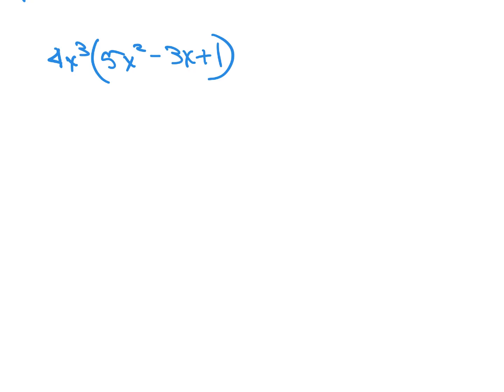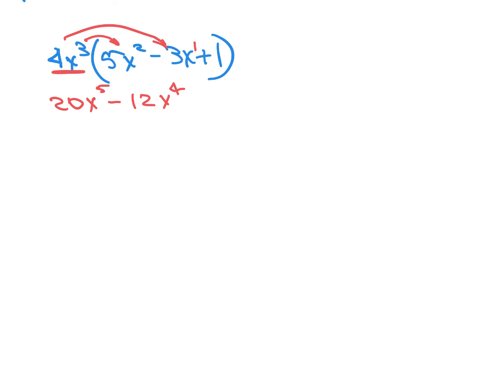Okay, so we can multiply those together. 4 times 5 is 20. X cubed times x squared. Remember, when you multiply with exponents, you add the exponents. Now we're going to multiply 4x cubed times 3x. So 4 times negative 3 is negative 12. X cubed times x to the 1. Remember, you add the exponents.